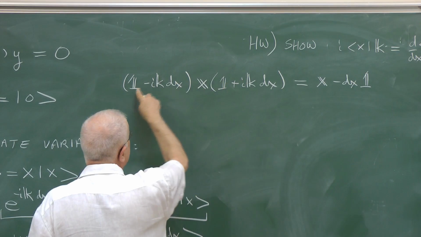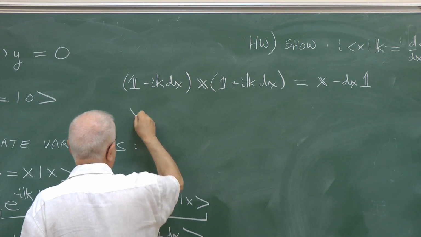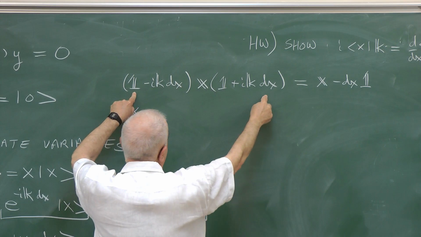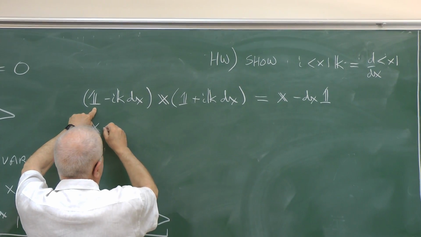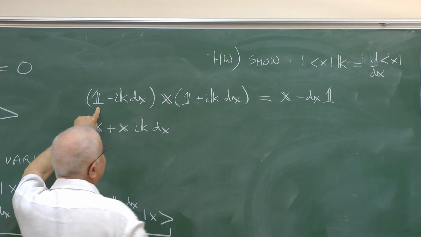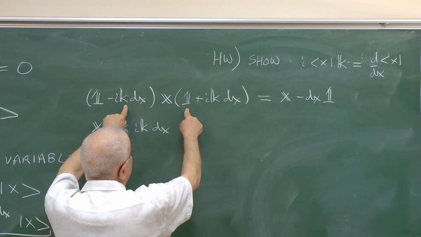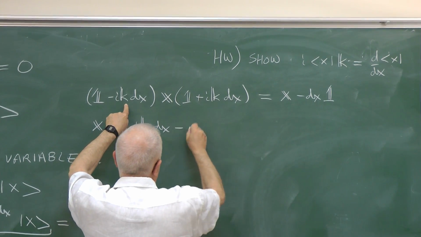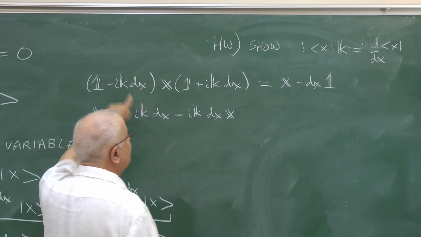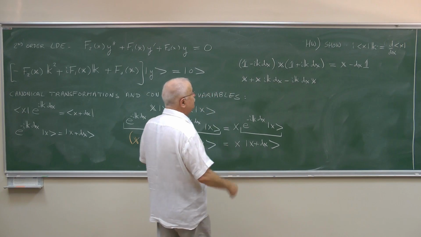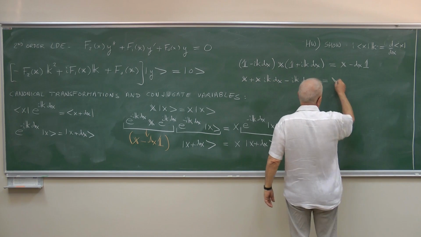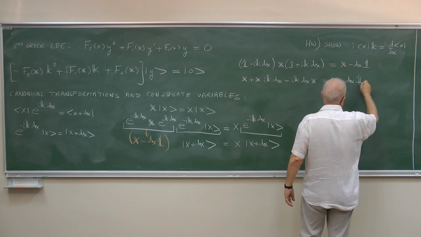Now, x sandwiched between the firsts, 1x1, that's x. Then x sandwiched between outside terms. This is 1, so this will be x I k dx. Then x will be sandwiched between inside terms, minus ik dx x. I don't write the identity. Then it will be sandwiched between last terms, but 2 dx's give me 0. So this is x minus dx times identity.